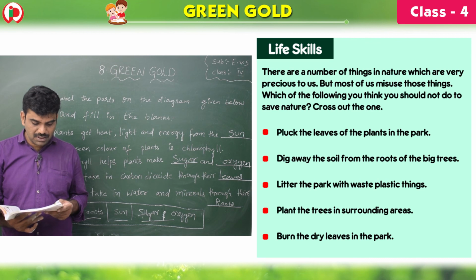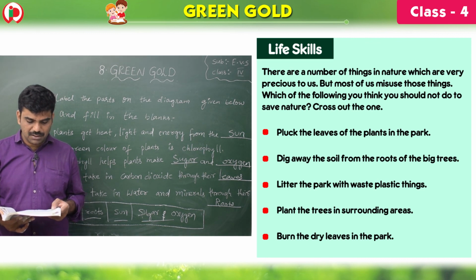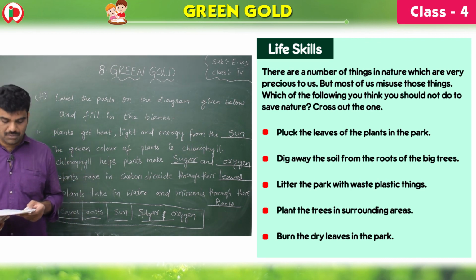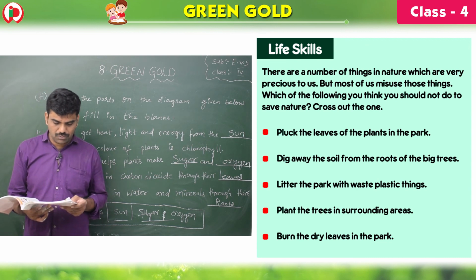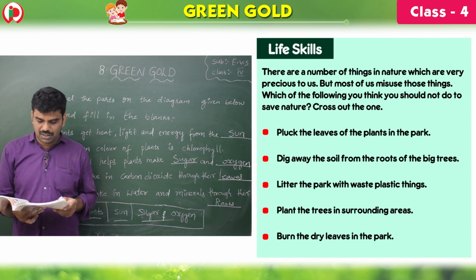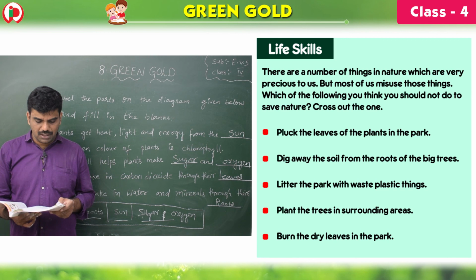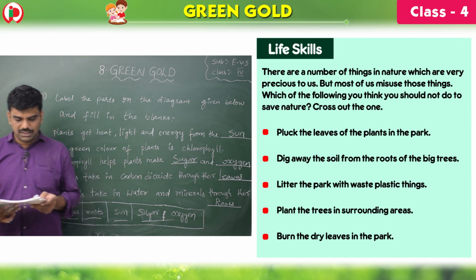Pluck the leaves of the plants in the park. Will you do that, children? Will you pluck the leaves of the plants in the park? So that is what you should not do. So this is the right one.